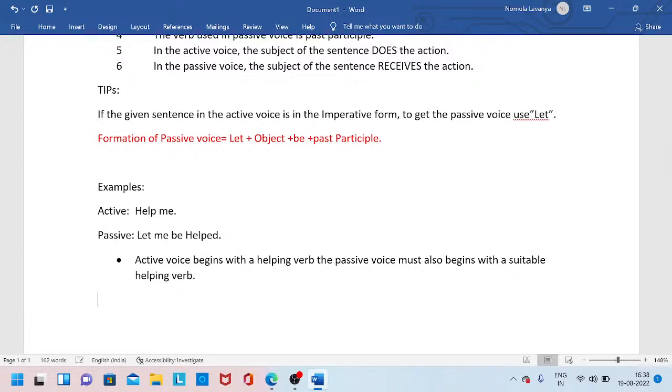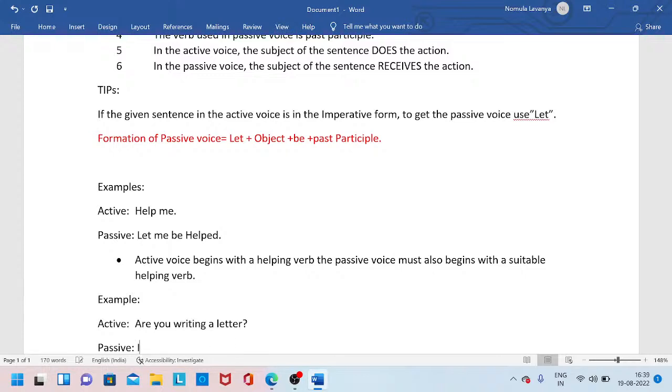And for this I am giving an example. In active, it's like, are you writing a letter? Okay, are you writing a letter? That becomes, in passive, anyone guess?